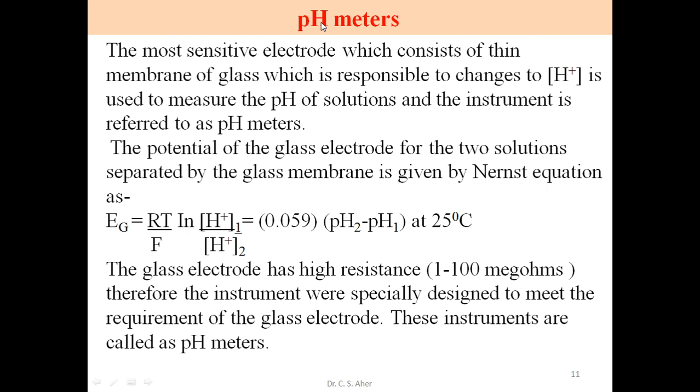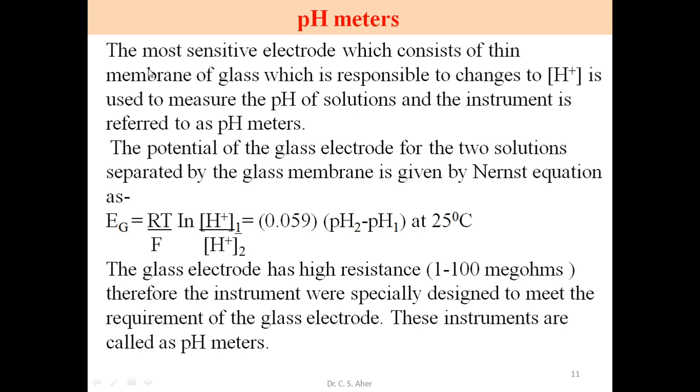This pH meter has the most sensitive electrode, which consists of a thin glass membrane that responds to changes in H plus ion concentration, and is used to measure the pH of a solution. The instrument is referred to as a pH meter.